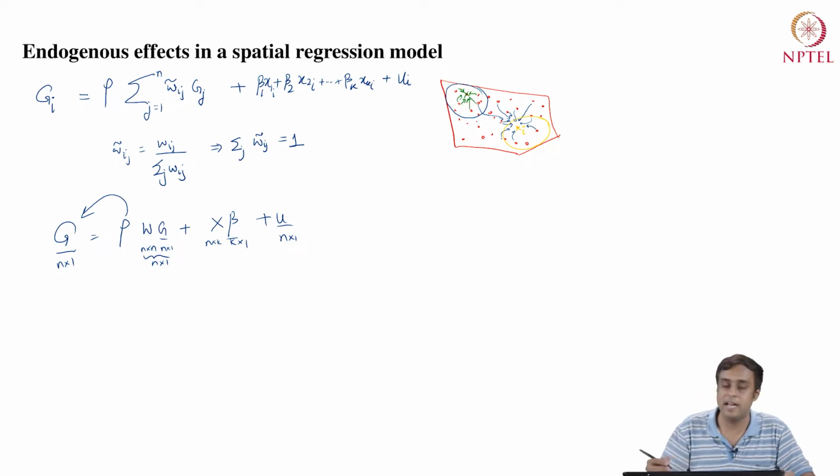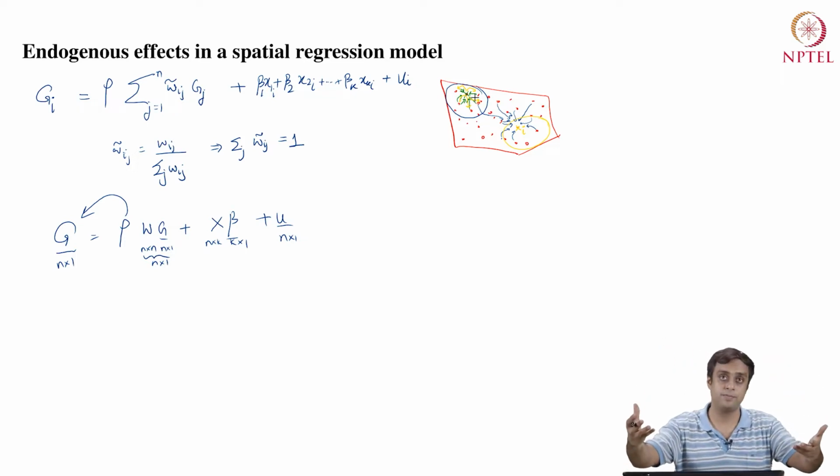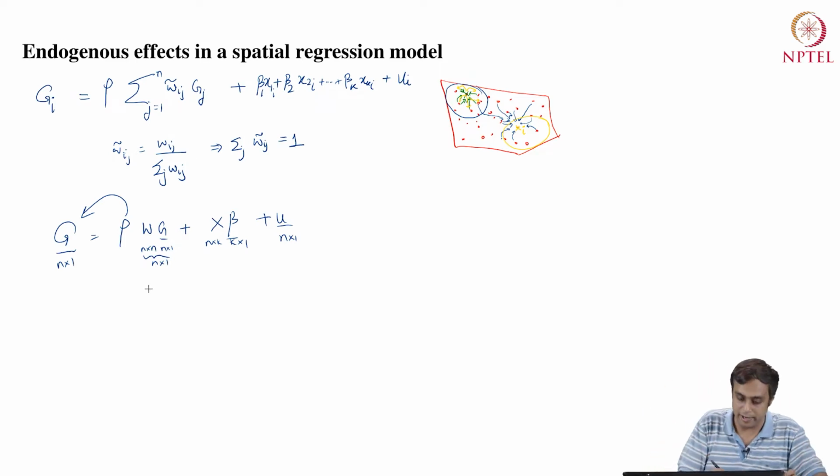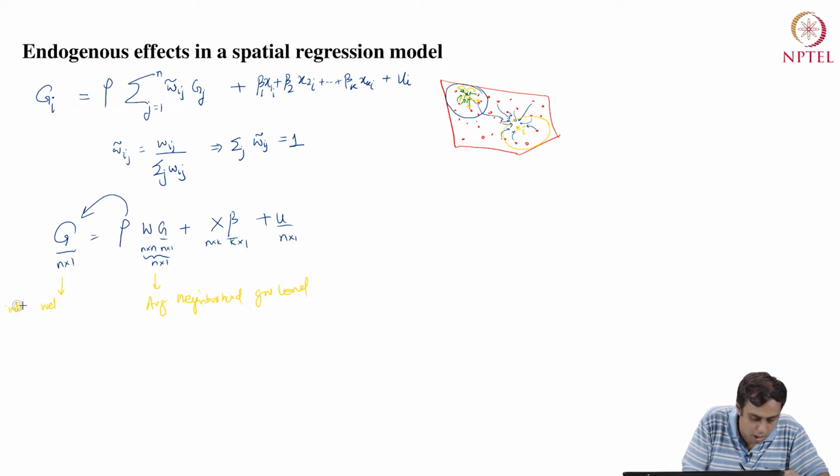What I don't know is whether or not this location itself is also exhibiting an equal or stronger spillover on all its neighbors. So when we see average neighborhood effect, average neighborhood level groundwater, this is a weighted average. So Wg is a weighted average, the average neighborhood groundwater level, and this is the individual well level groundwater situation, groundwater depth.